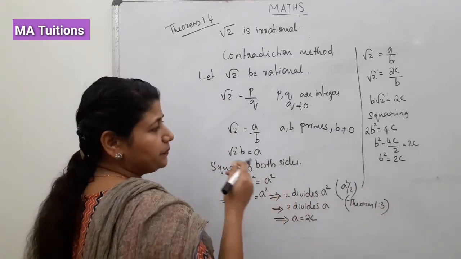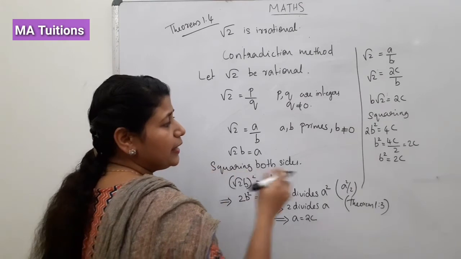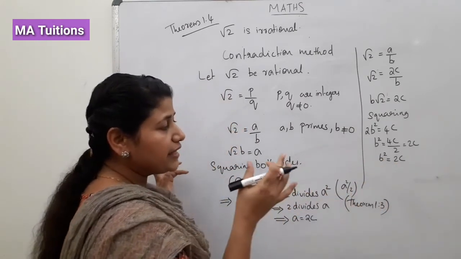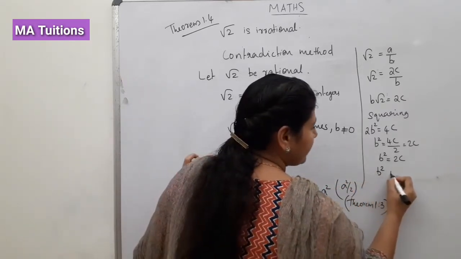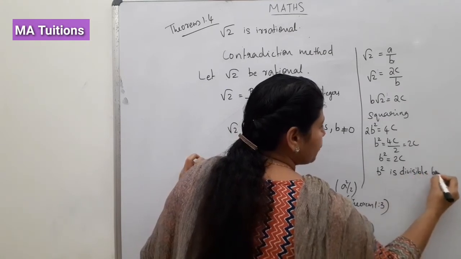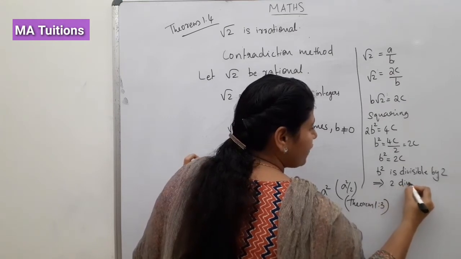What does it mean? B square equal to 2C square, which means B square is a multiple of 2. That means B square is divisible by 2, or we can say that 2 divides B square.